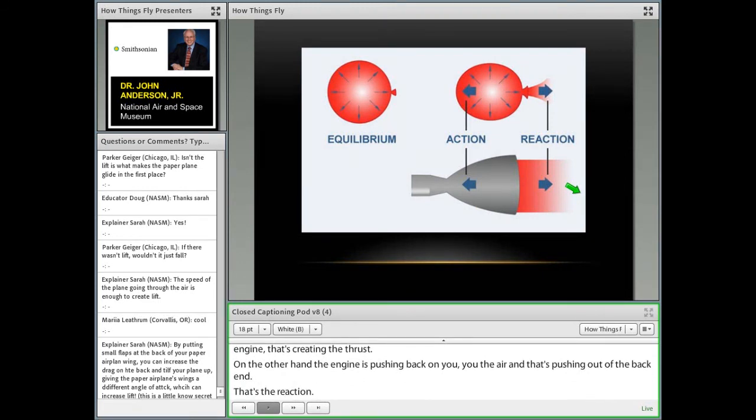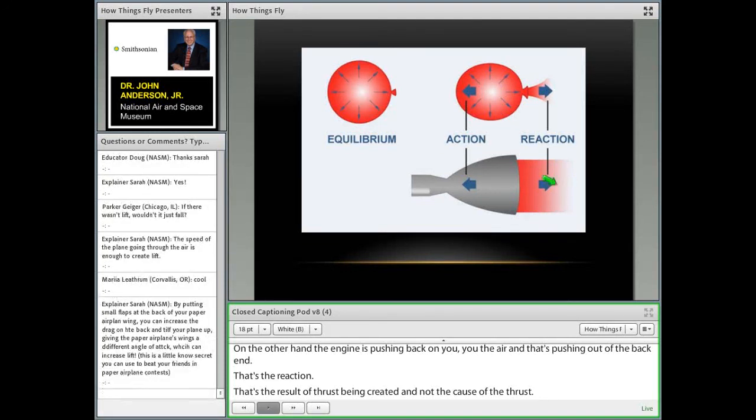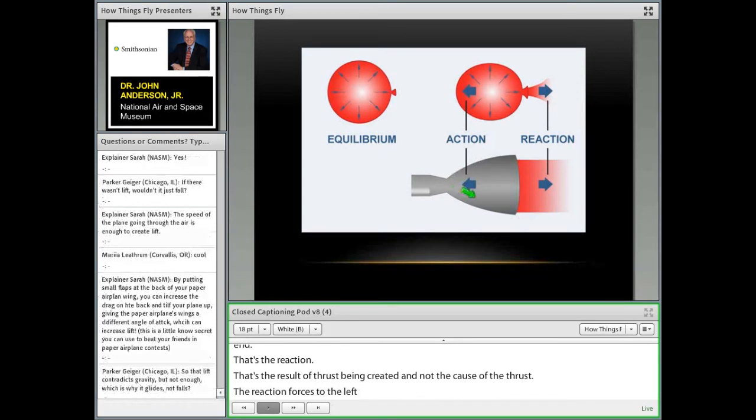So the reaction principle here: you have force to the left, you have flow going out to the back, to the right. Newton's third law, equal and opposite reaction. This high-speed jet of air, gas going out the back end, that's the reaction to the generation of thrust inside here. And it's just like this little open neck of the balloon.